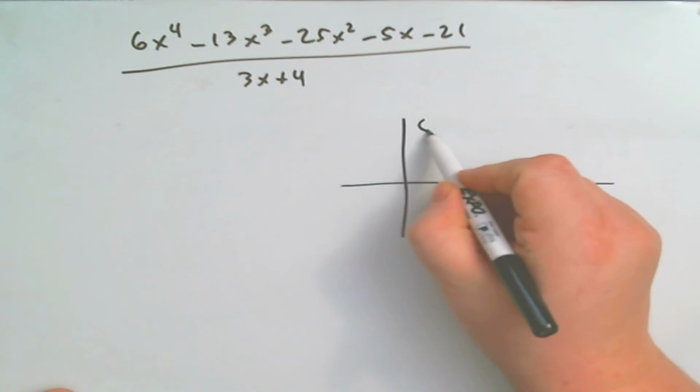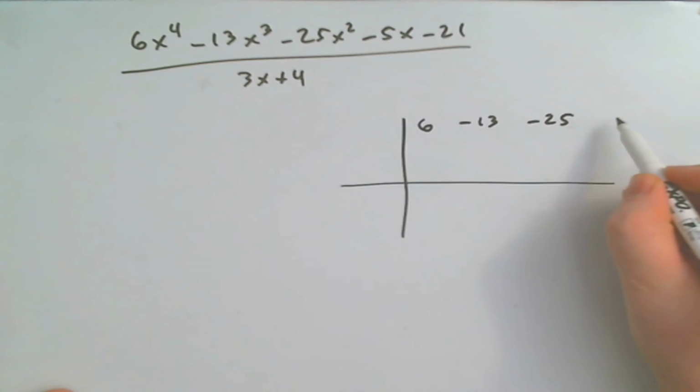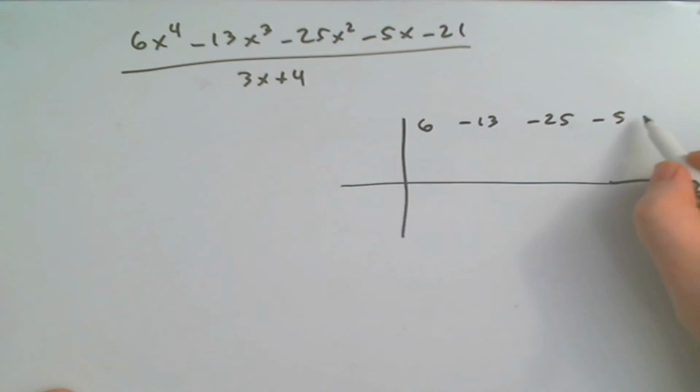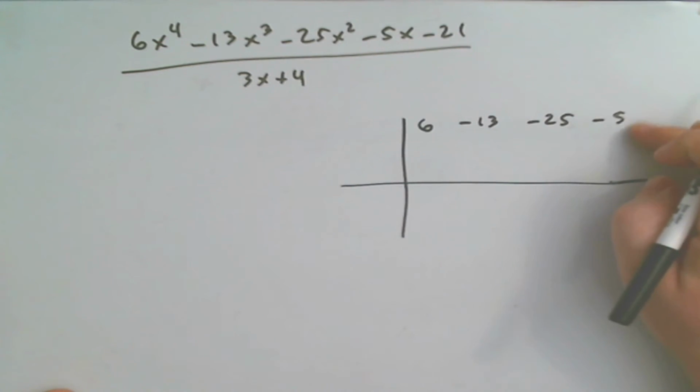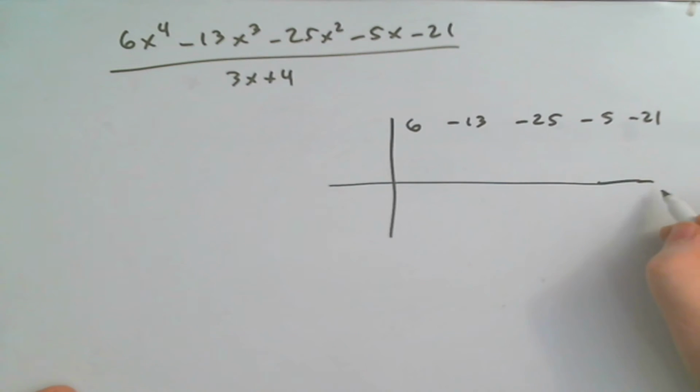So we're going to have 6, negative 13, negative 25, negative 5, and lastly, negative 21. Again, organization is important. We want to make sure that all these things are lined up very nicely.